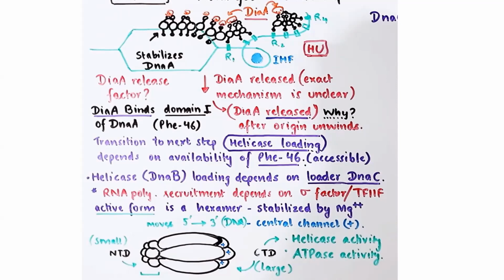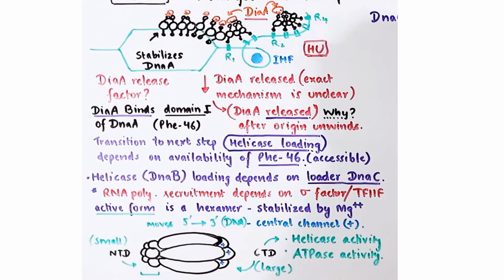The active form of helicase is hexamer. You can see the picture in the bottom, meaning it is formed by 6 monomers, and the whole complex is stabilized by magnesium ion. A monomer of the helicase has an N terminal and C terminal end.